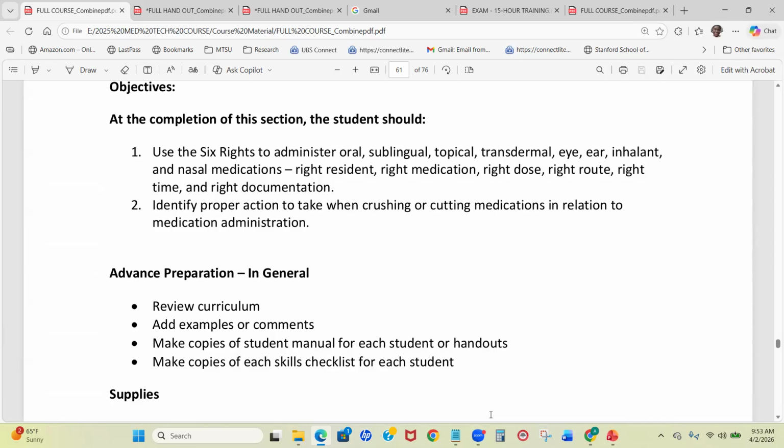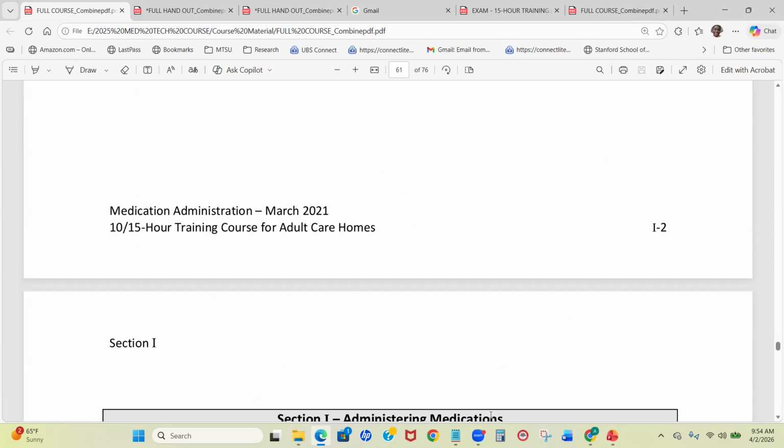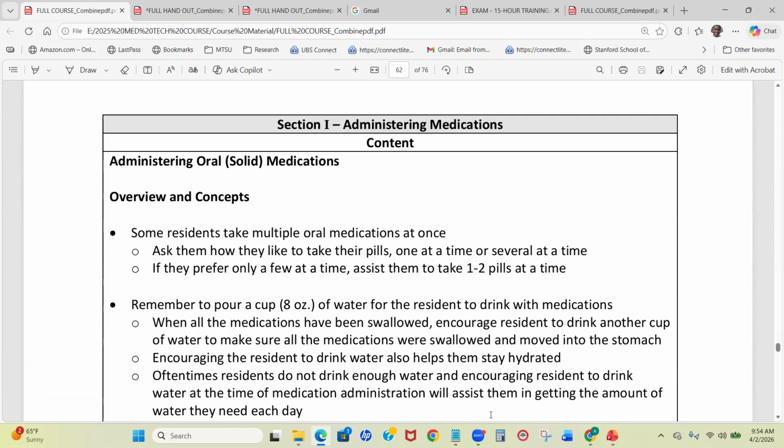So remember your right resident, right medication, right dose, right route, right time, and right documentation. Identify proper action to take when crushing or cutting medications in relation to medication administration. It is very, very important.